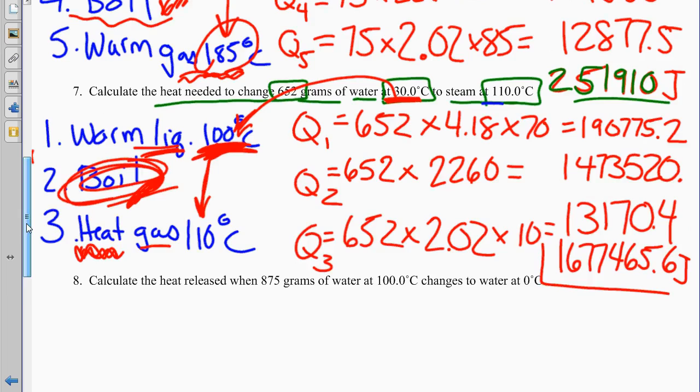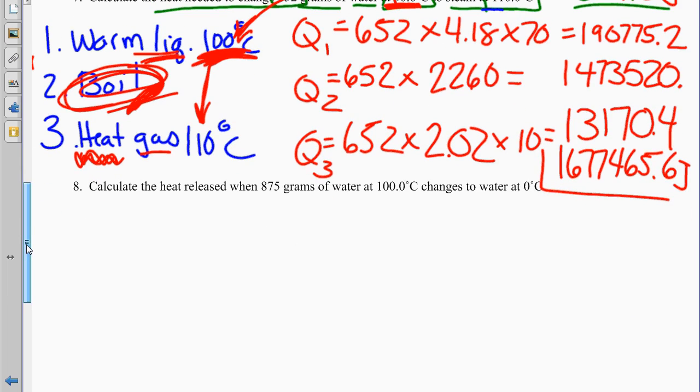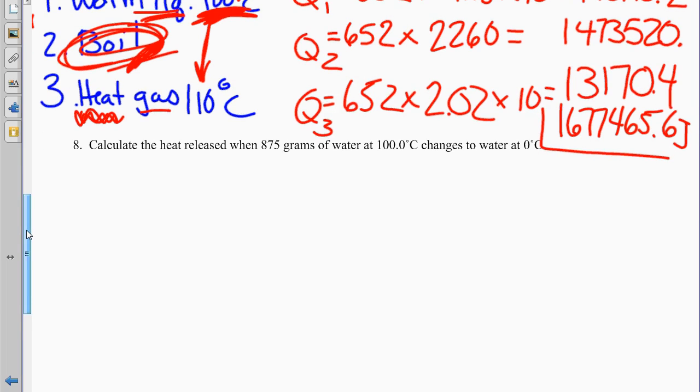All right, the last one is meant to be a little bit tricky, so why don't you pause the program now and see if you can figure out number 8. All right, number 8, a little bit challenging here.